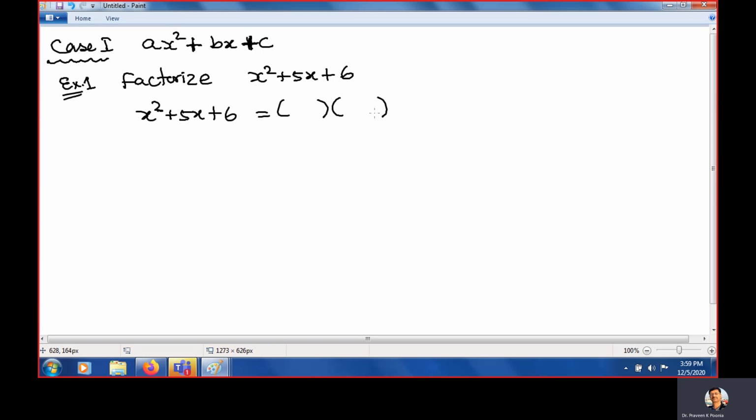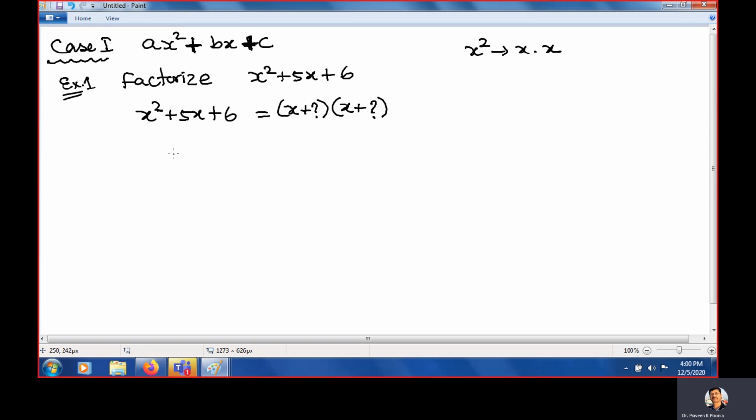So the process is very simple. It will be x plus, x plus. Why is this x? Because here is x power 2. X power 2 may be written as x into x. So one x will be here and one x will be here. Now the question comes, what is here and what is here? And both will be plus here. Why? Because all plus numbers are there. So both will be plus.